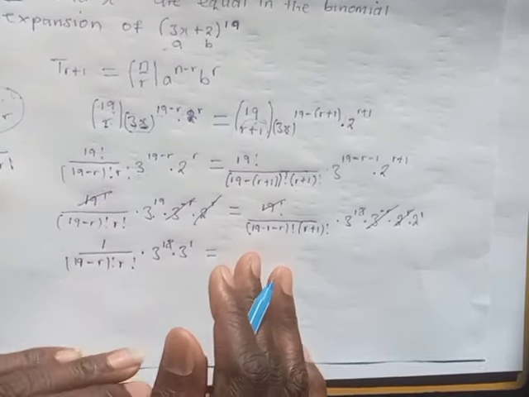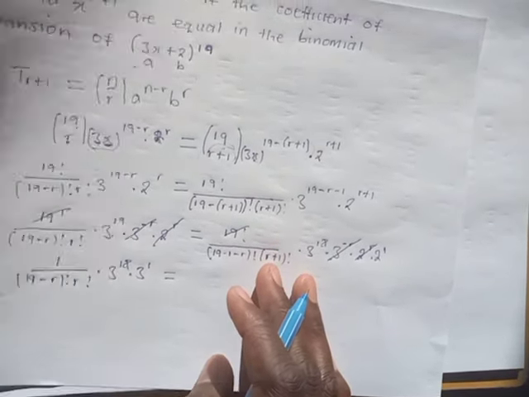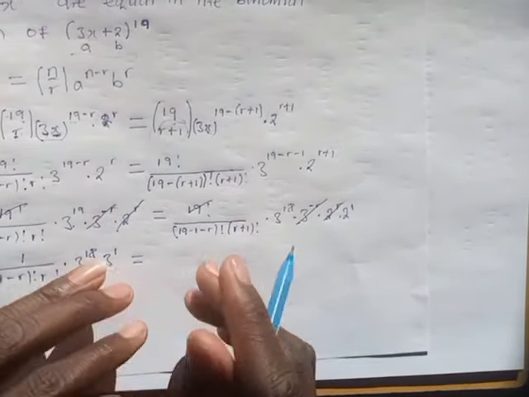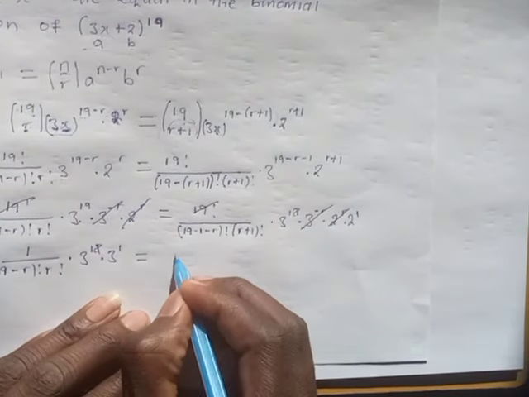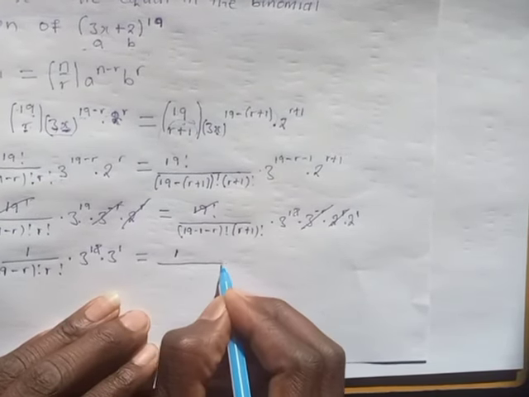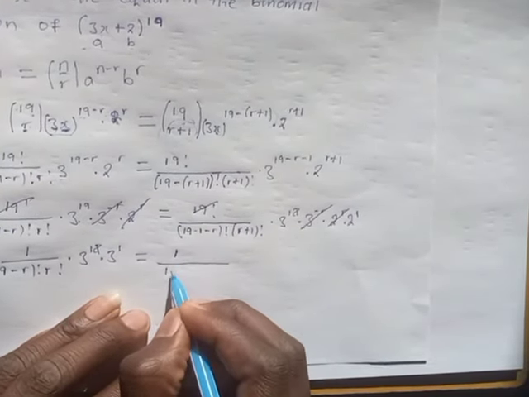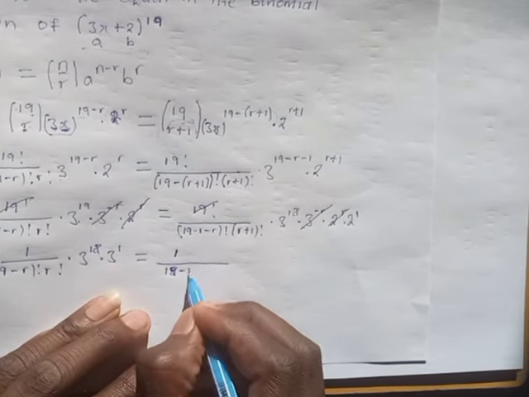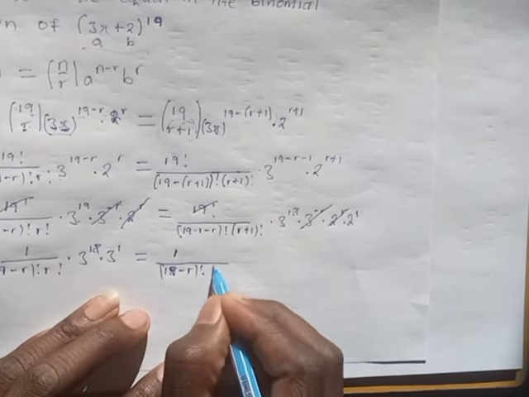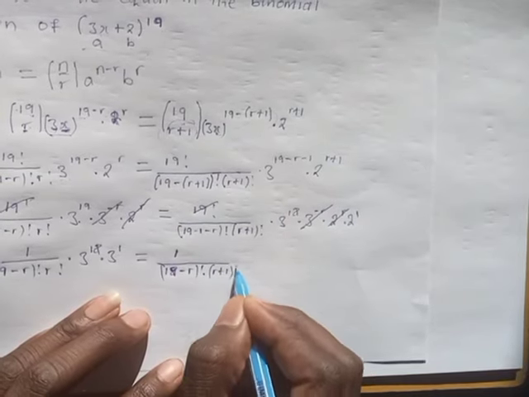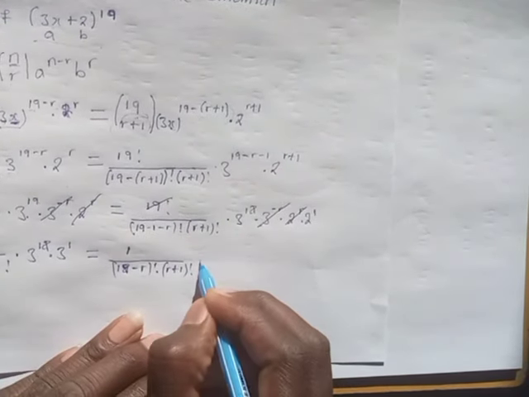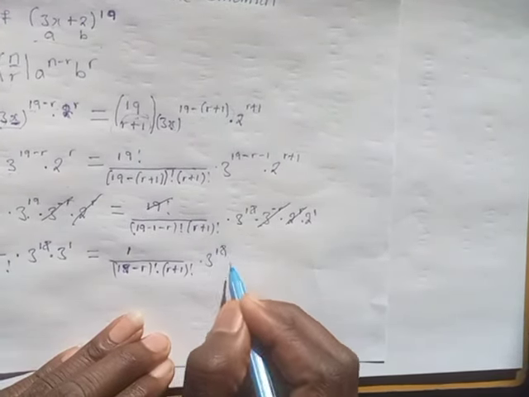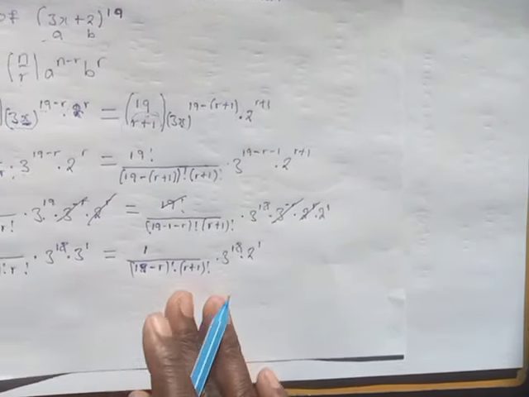Then you equate this one to, on your right hand side, actually you're going to have 1 over, here you get something like 18 now, because you subtract. That's r factorial r plus 1 factorial dot 3 to the power of 18 multiplied by 2 to the power of 1.